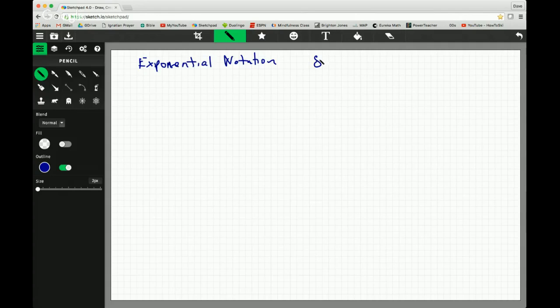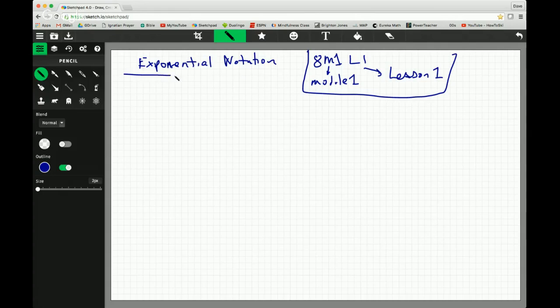And when I say 8M1L1, what that means is 8M1, module 1. This is module 1, and this is lesson 1. So this is right at the beginning of module 1, lesson 1, where we're learning about exponents and stuff. Just wanted to get that little bit out of the way.